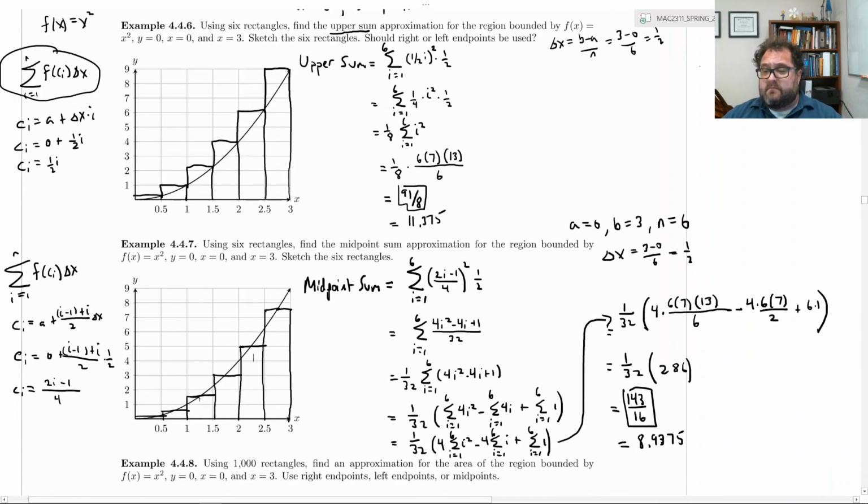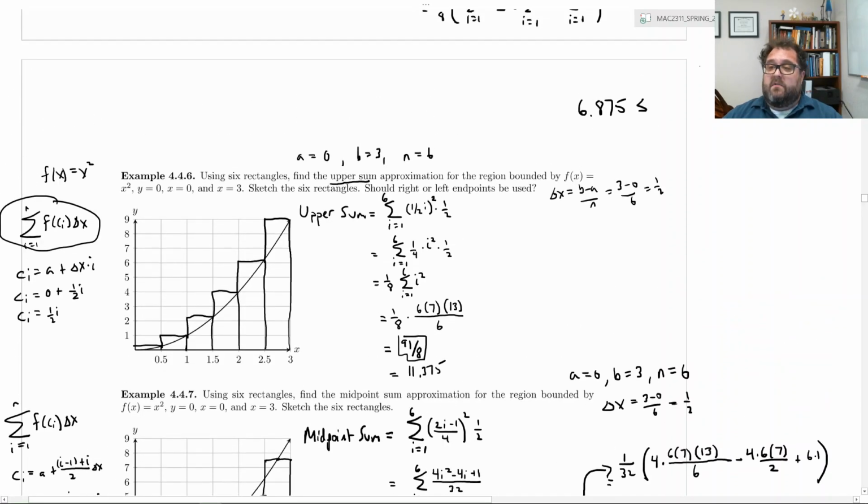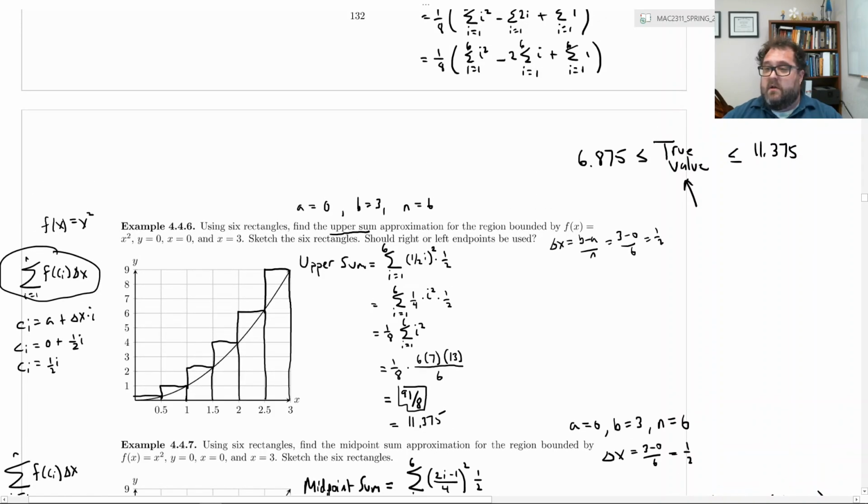gives you a very good approximation, and the midpoint is 8.9375. So the true area is somewhere in between those two, and the midpoint is pretty close.